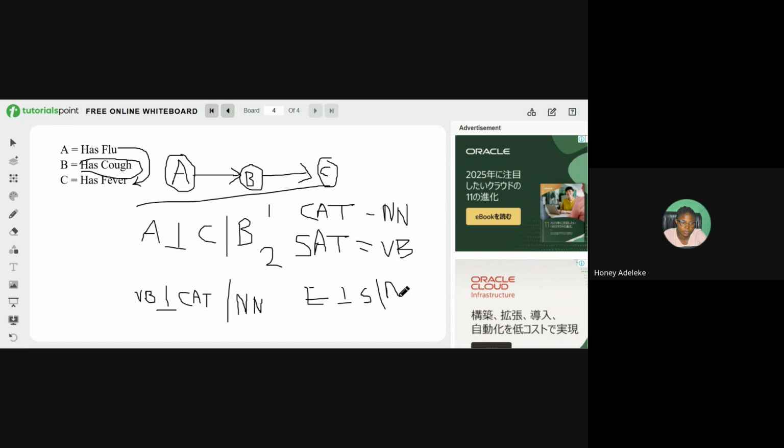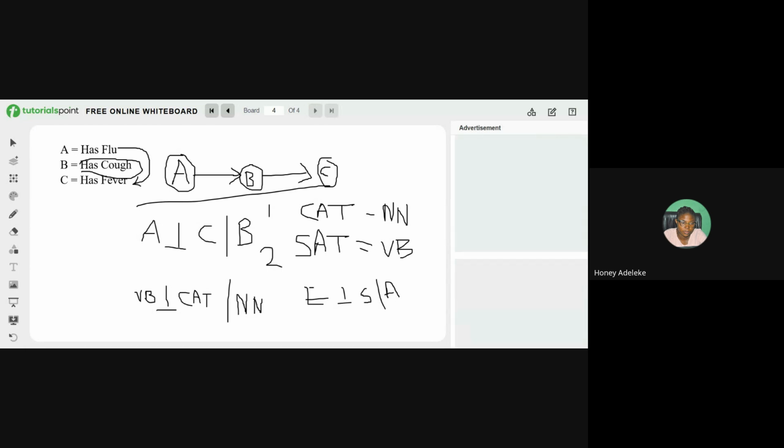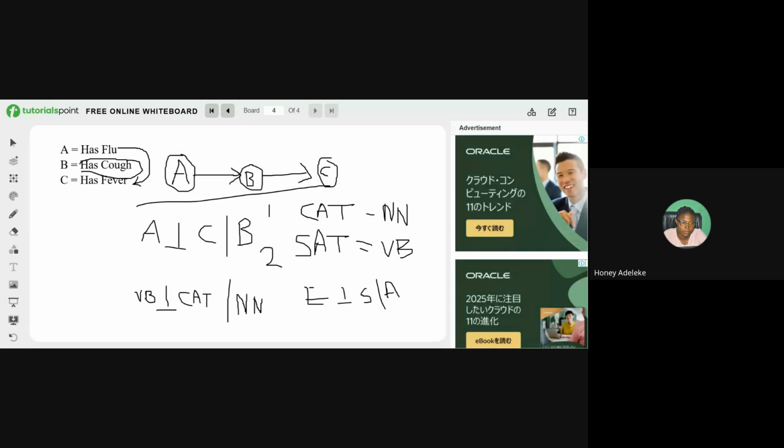So one of the aims for today's class is for us to understand what the three parts and blocking mean, and also to know how to write the symbols, not just reading them as a note, but knowing when to write your conditional independence. And I think Mrs. Kapaya had already done justice to that.